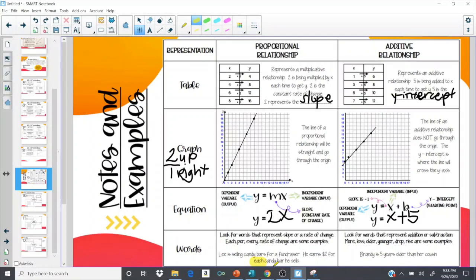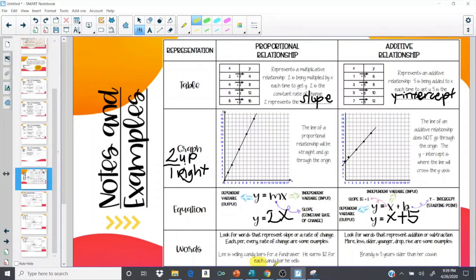For an additive relationship, when the relationship is expressed using a verbal description, you're going to look for words that represent addition or subtraction. And when I say subtraction, we're still talking about an additive relationship, meaning you're adding a negative. So instead of adding a negative, you just represent it as subtraction.